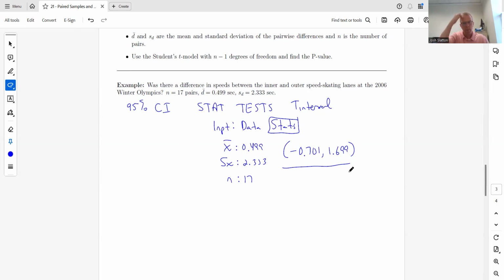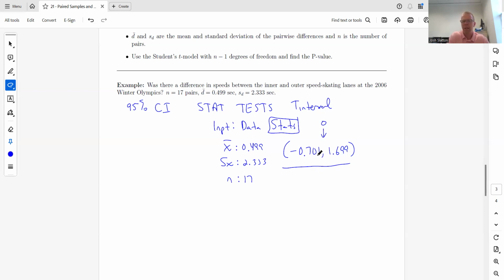And so we can see one of the things, and you may have seen this in the homework, we're testing to see, and we're going to test in the next part with hypothesis testing, if the mean difference is zero. And since the mean difference of zero would be not quite in the middle, but fairly easily in the interval, we could probably say that the mean difference is not significantly different from zero, because zero is easily in that interval.